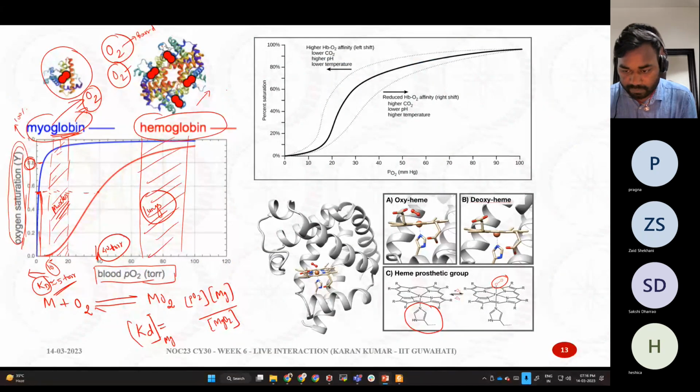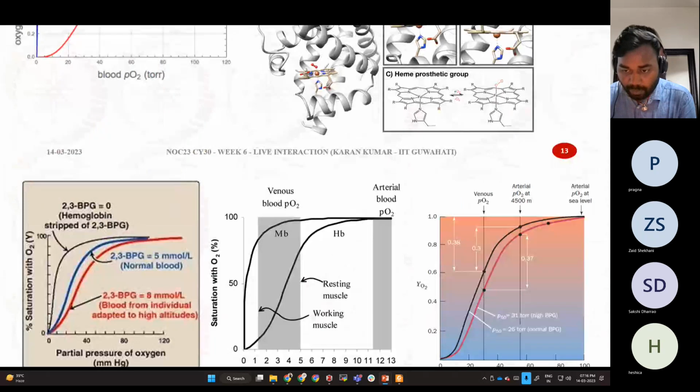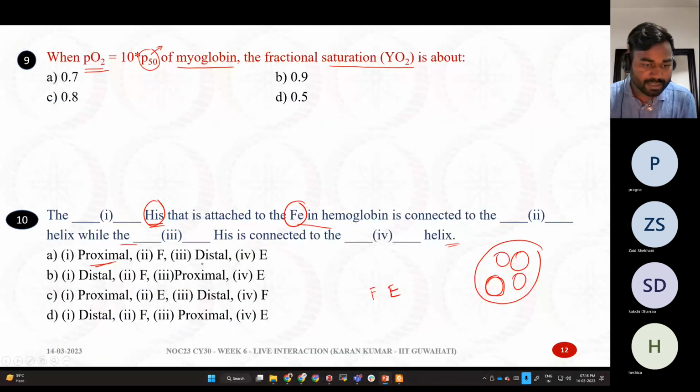Here in this prosthetic group, this histidine is the proximal histidine, and this proximal histidine is attached to the ferrous ion, right? The proximal histidine is attached to the ferrous ion, and this is attached to the F helix, while the distal histidine, which is distant, is connected to the E helix. So option A is correct here.